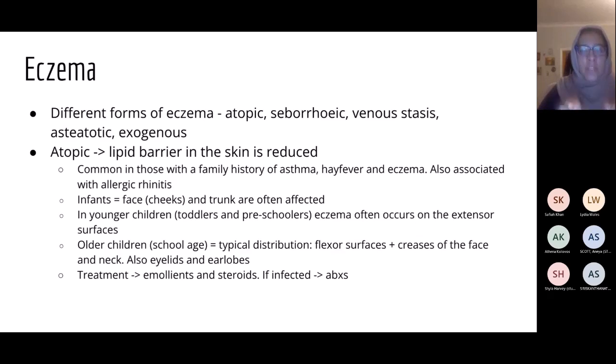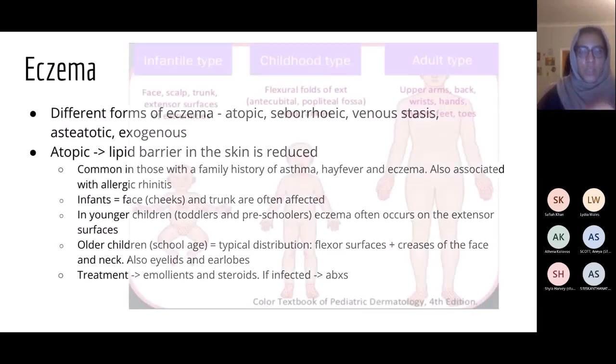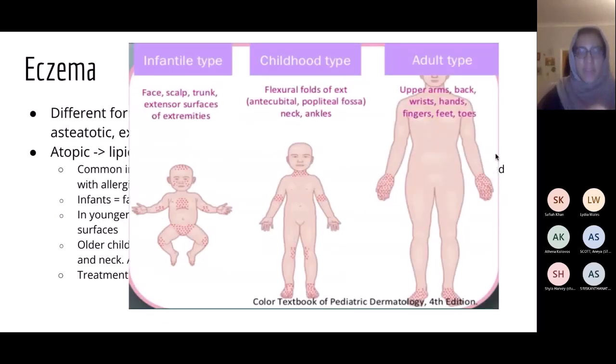I'm going to mention treatment on the next slide, but just to show you the picture of the distribution of eczema, it varies across the different age groups. In younger infants it tends to be more in the extensor area, and you can sometimes get these lesions around the nappy area, and in childhood it tends to be found on the flexor surfaces.